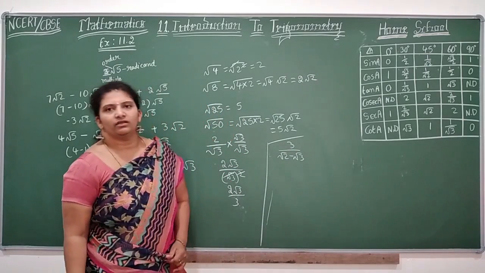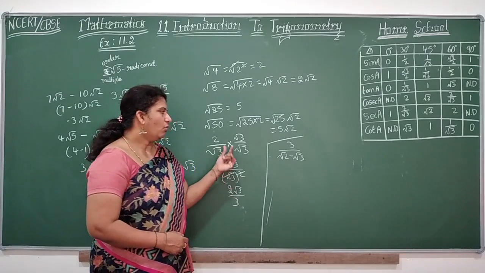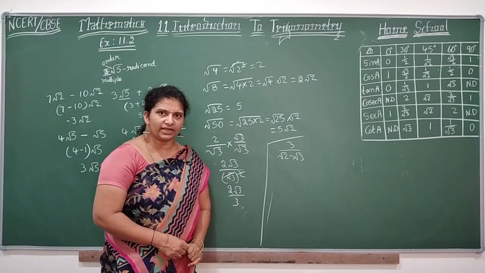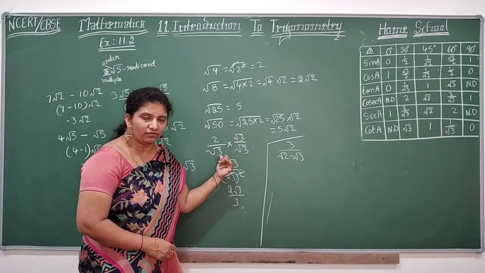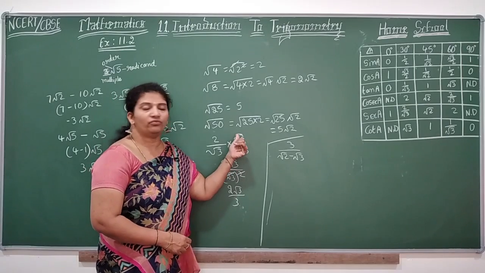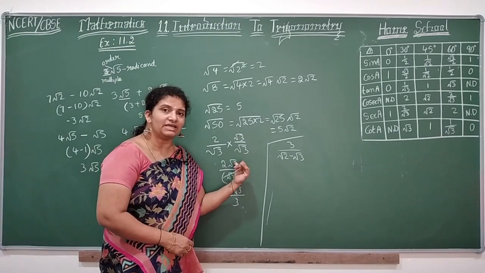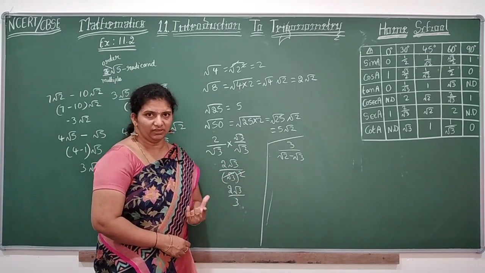How can you simplify this? What is the multiplying term? We multiply by the conjugate of this. Why do we multiply by the conjugate? In order to rationalize and get a surd-free number.